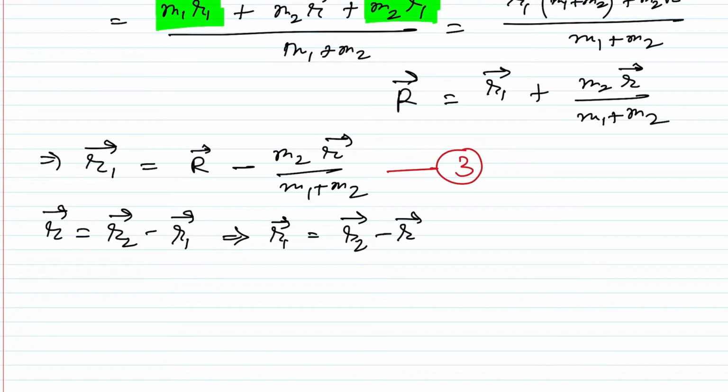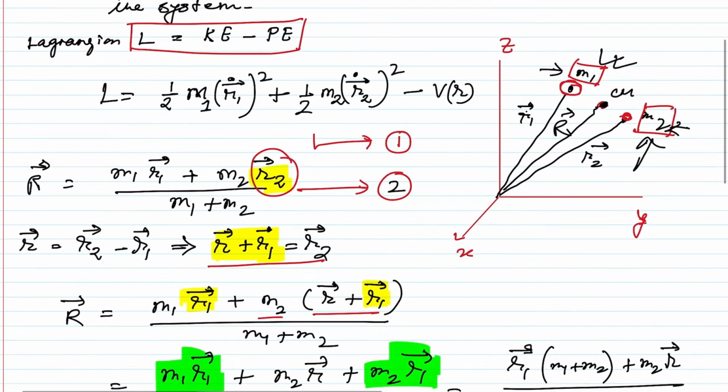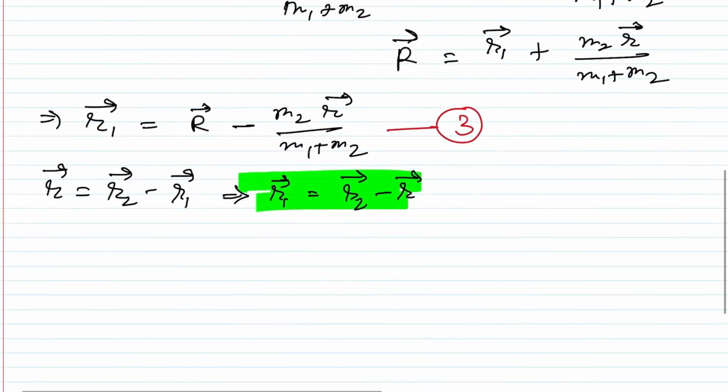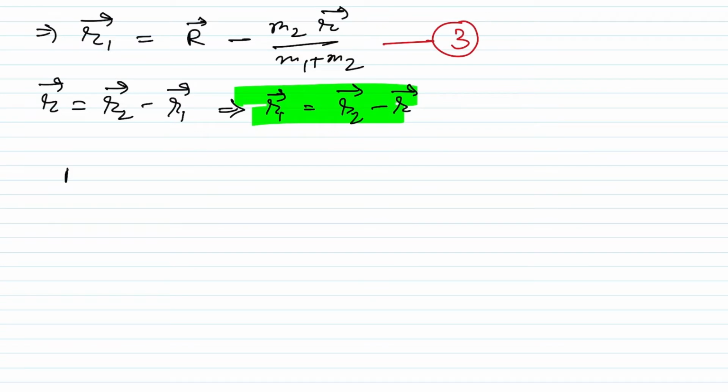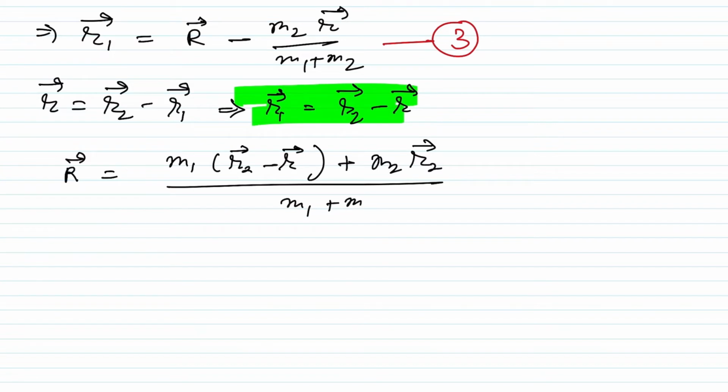We are going to use this value of r1 in equation number 2. Then using this value in equation number 2, we get R vector is equal to m1 into r2 vector minus r vector plus m2 r2 vector by m1 plus m2.